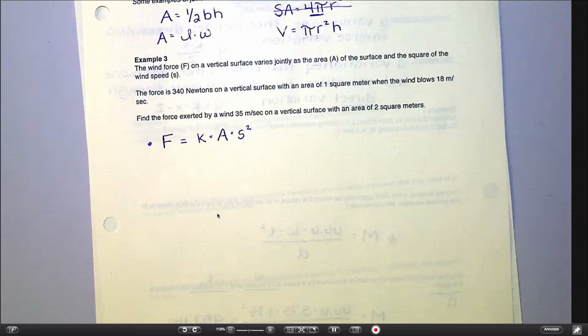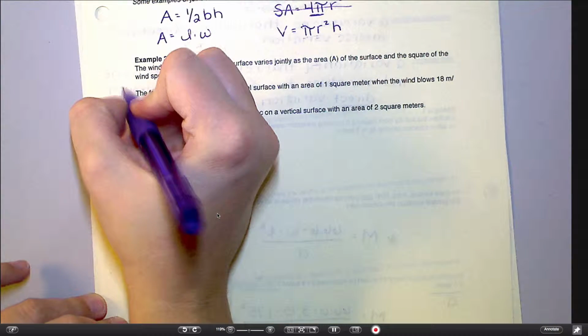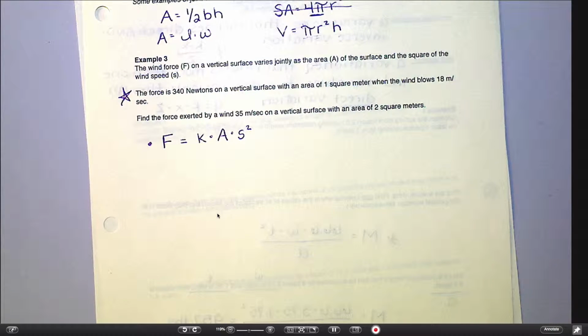Jointly means you're multiplying more than one thing, but it's still all multiplication. Okay? And then this is where they give you one set of data. So remember, this is just like any other one of these problems you've ever seen. What do you think I'm going to do with all that information? Plug it all in and solve for my k value, right?